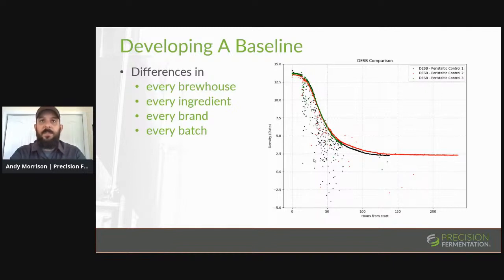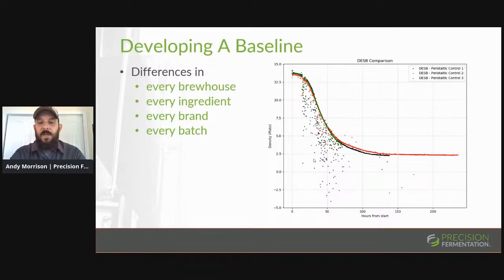What's important is not that you're meeting some sort of universally accepted standard necessarily, but that when you're tracking data on fermentation, each step along that path is recorded for your specific recipe that you're using, right?